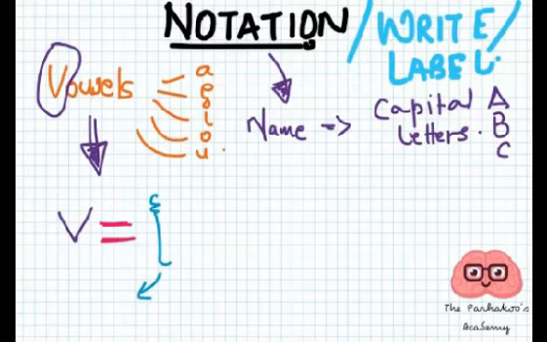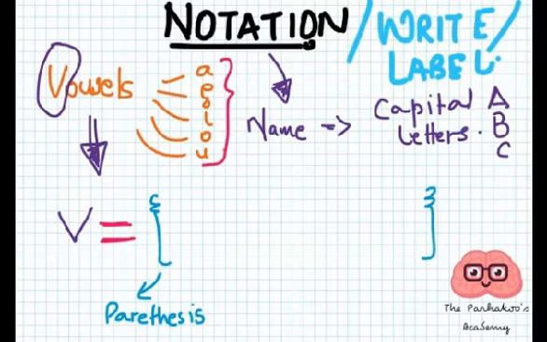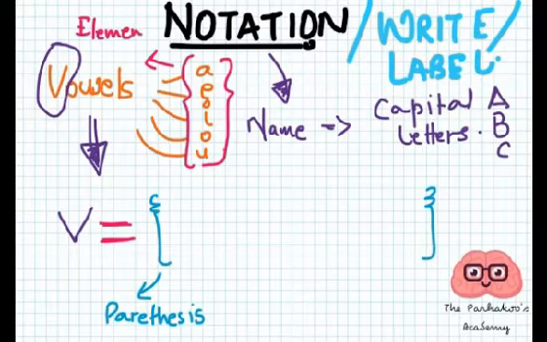This bracket is known as parenthesis. Then we write each of these vowels, and these vowels are termed as elements of the set.